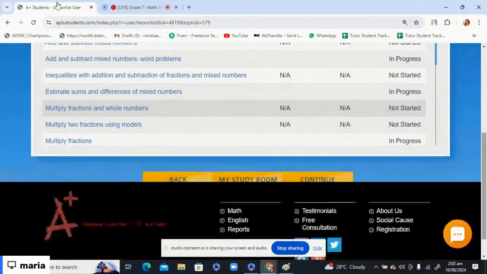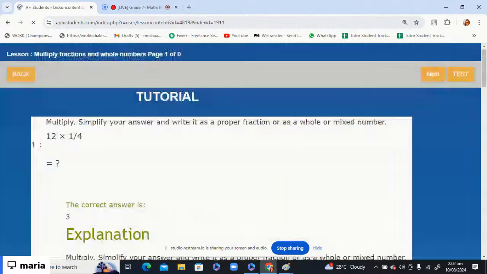So let's get started. Simplify your answer and write it as a proper fraction, as a whole or mixed number. Okay.